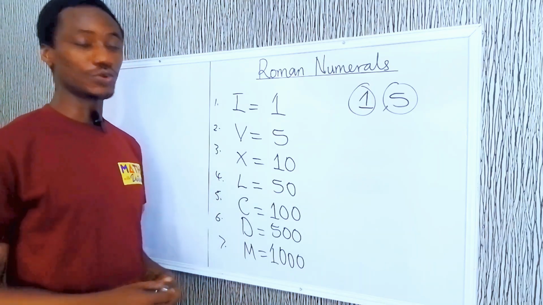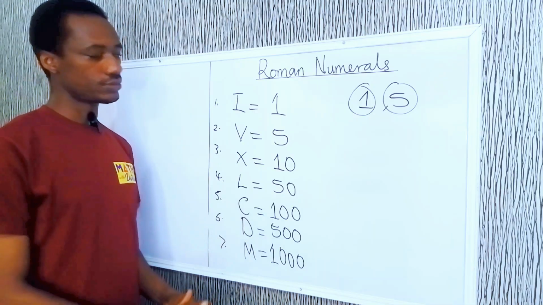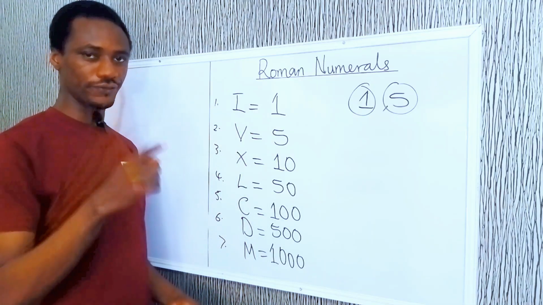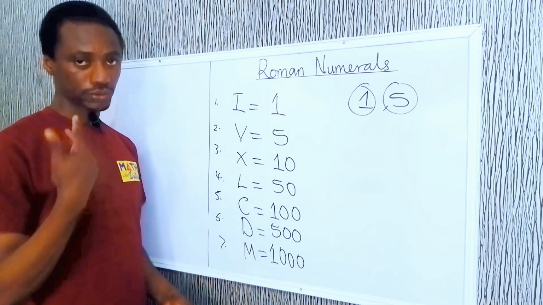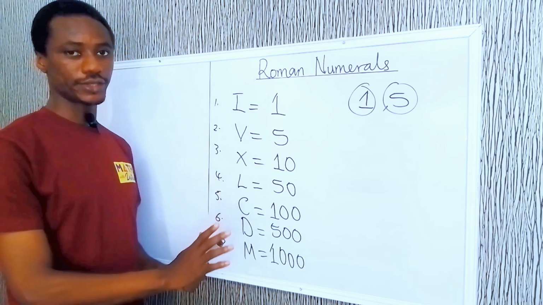Those are the letters of the Roman numerals. This is the first thing you have to master. Just master them, and it's easy when you know that you're dealing with 1, 5, 10, 50, 100, 500, 1000, 5000.